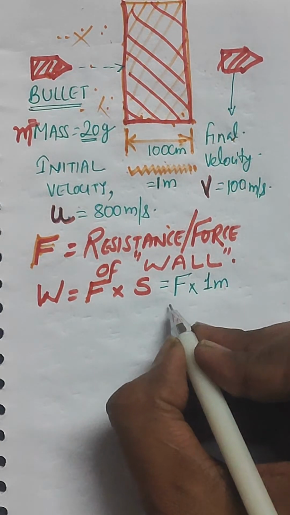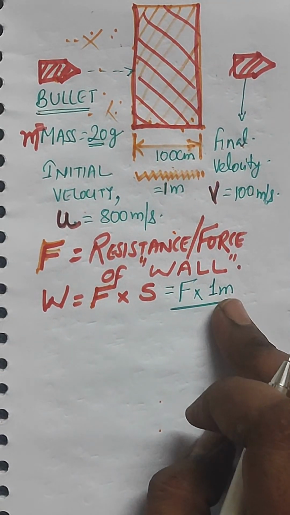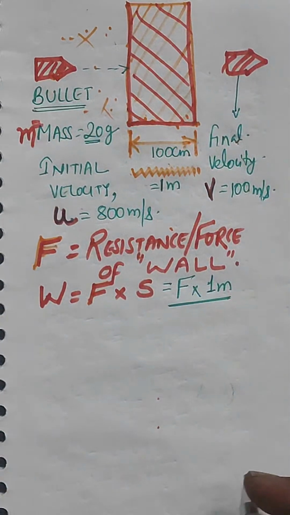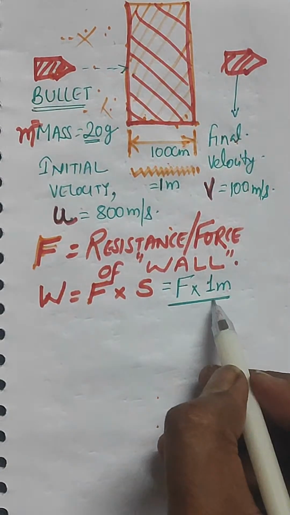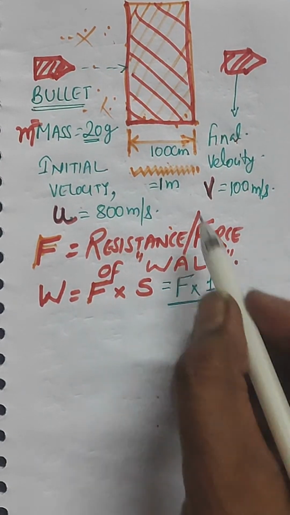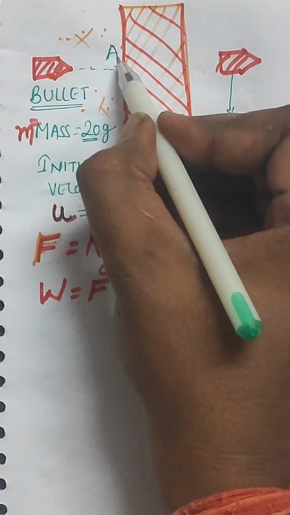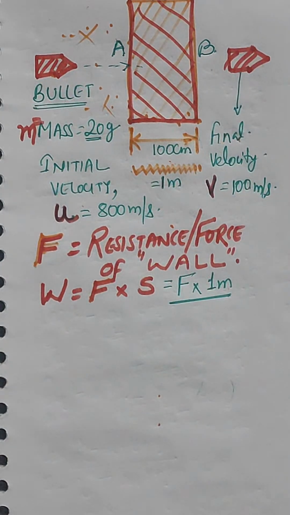So this is the total work done against this bullet, which the bullet needs to overcome to cross this wall, approaching at A, hitting it and exiting at B.